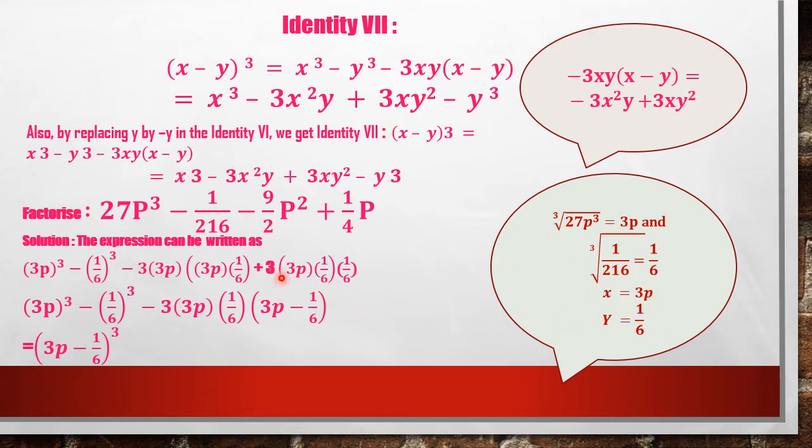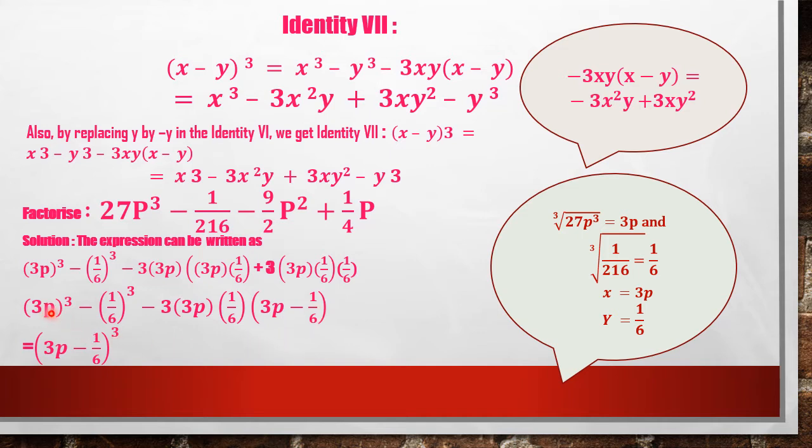It will be replaced with 1 upon 6, 2 times. Now what is common among this? You can see 3p once, you can see the number 3 also once, and you can even see 1 upon 6 one time. So this is common. And what is uncommon? One 3p from here is uncommon and one minus 1 upon 6 is uncommon.